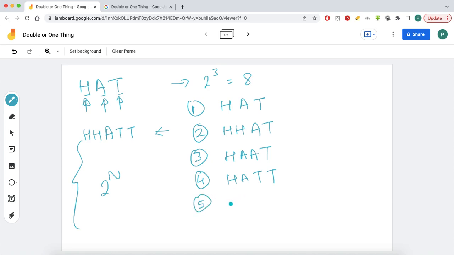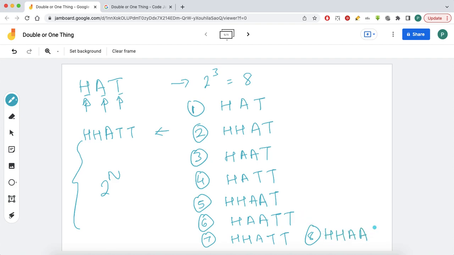Let's repeat H and A. So we have HH, AA and T. Now let's repeat A and T. So we have H, double A, double T. And we have HT, so let's repeat H and T now. HH, A, double T. And in the last we repeat all 3 characters. So we get HH, AA, and TT.